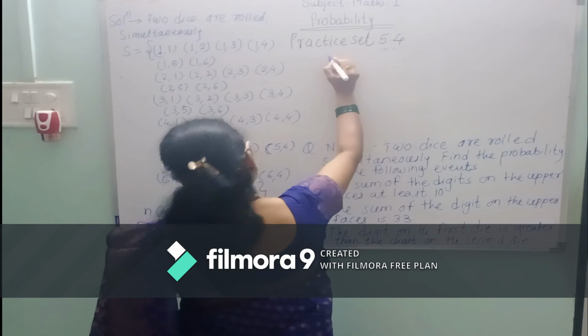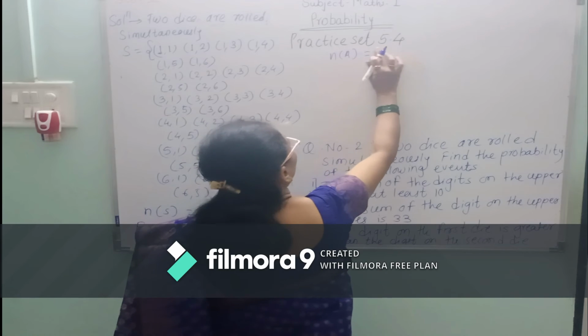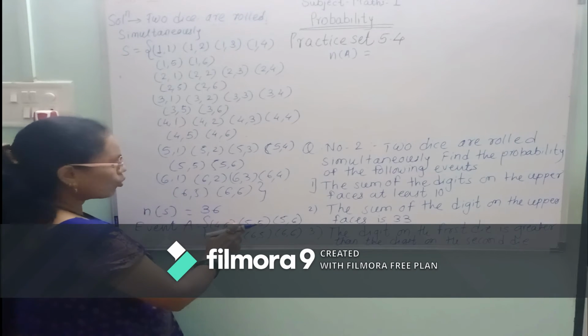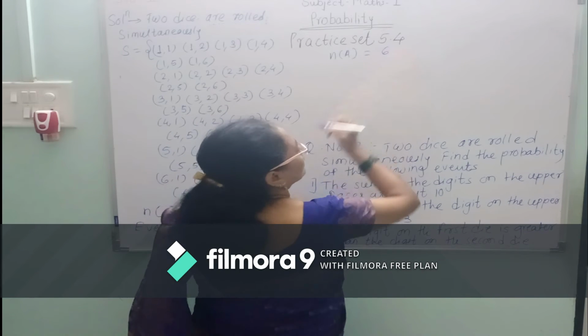The total number of sample points in event A is 1, 2, 3, 4, 5, 6, so n(A) is 6.